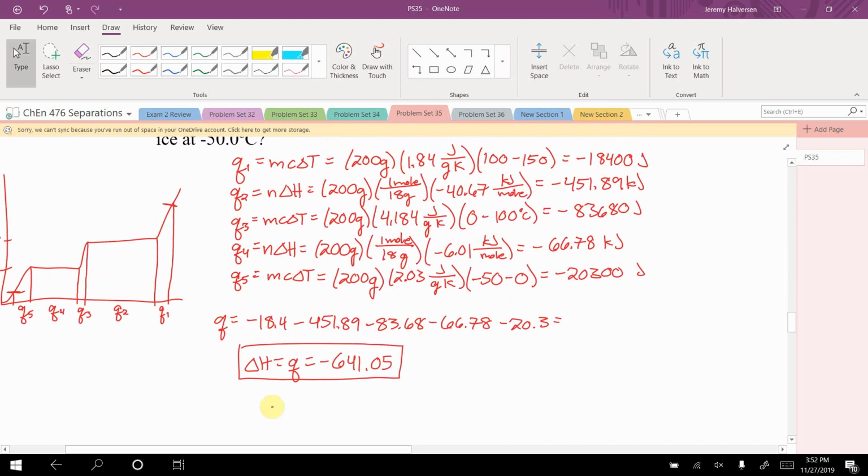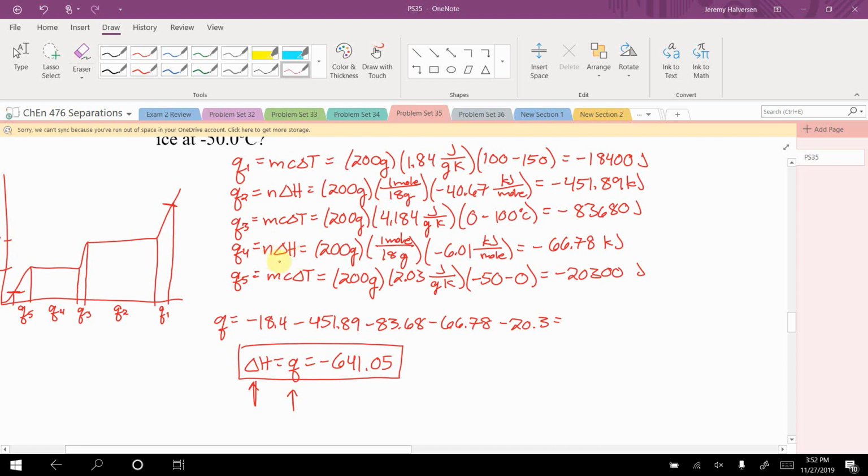So hopefully this isn't confusing. I'm calculating the total delta H, the total enthalpy change, which is the same as the total heat change. But for some of these heats, I used delta H's in order to get the heat. But then I say, well, delta H is equal to heat. Well, the total enthalpy is equal to the total heat, but these delta H's are like a unit enthalpy.